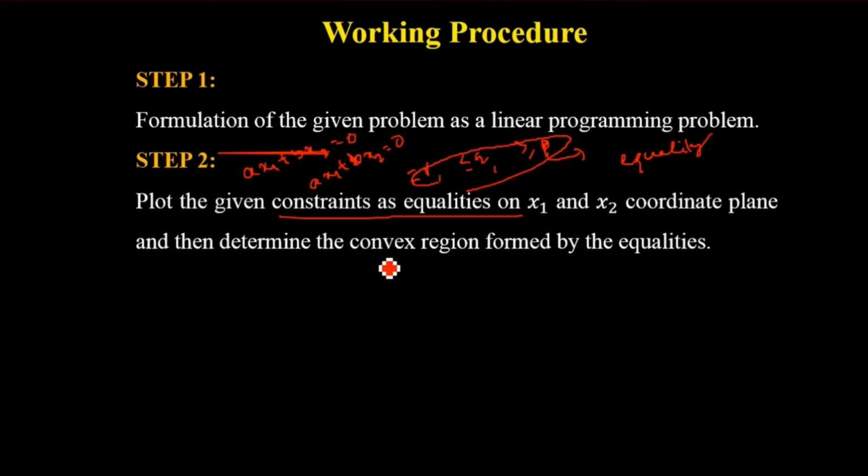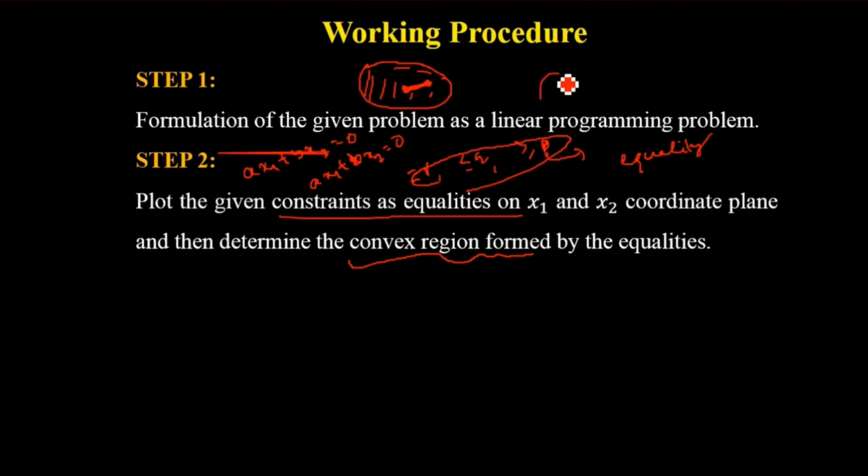Then we have to determine the convex region formed by the equalities. What do we mean by convex region? If this is the inside region, and you take any two points in it, then the line segment between these two points should completely lie within that region, and then it is called a convex region.